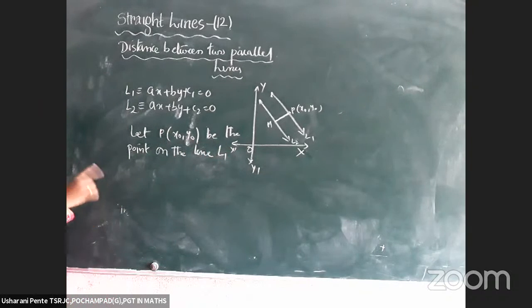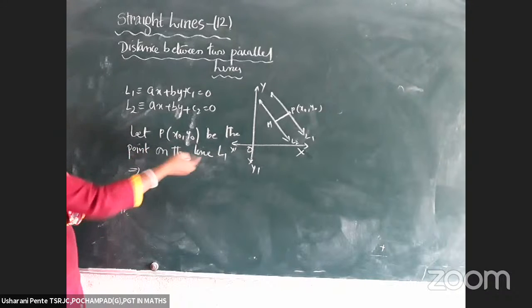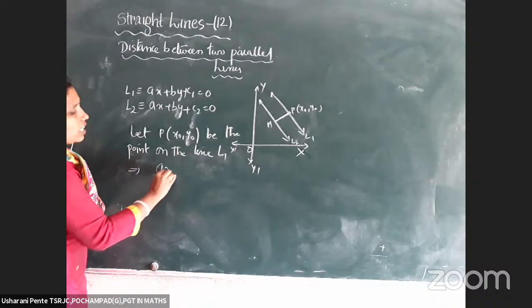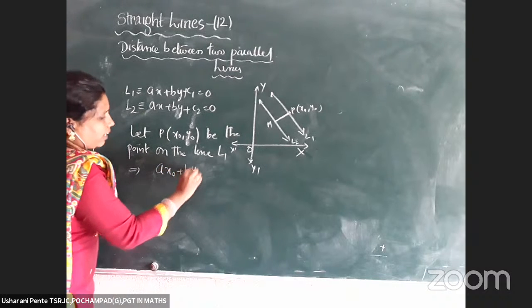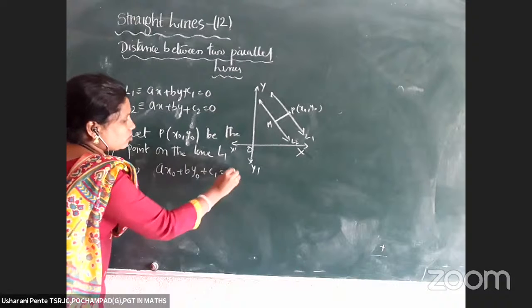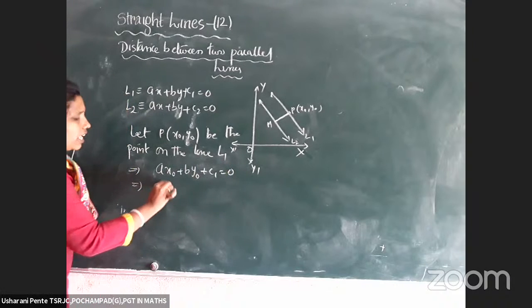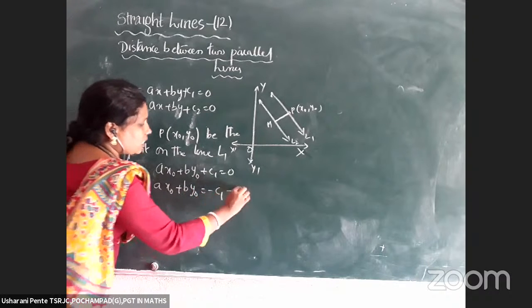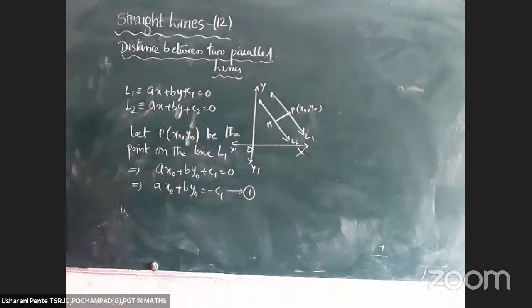As this is the point on the line L1, then this equation turns to be ax0 plus by0 plus c1 is equal to 0, or this can also be written as ax0 plus by0 is equal to minus c1. Take it as equation 1.